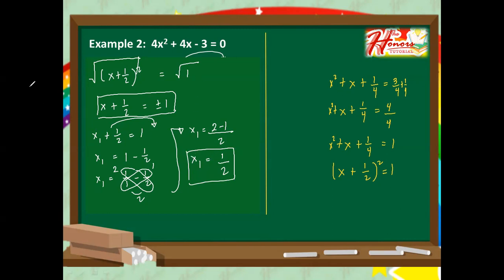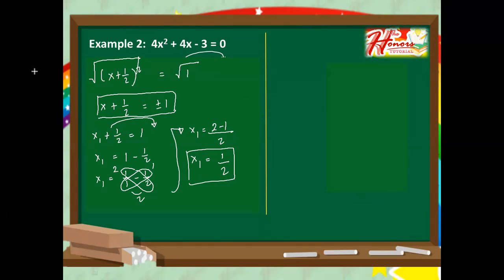Let us now solve for x sub 2. For x sub 2, we have here plus 1/2 equals the negative value of 1, since we are done using the positive value of it for x sub 1. So that is negative 1.